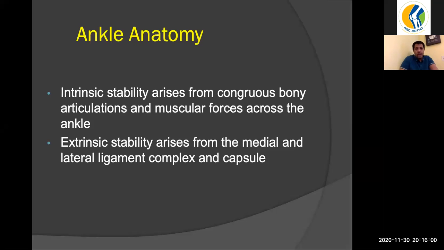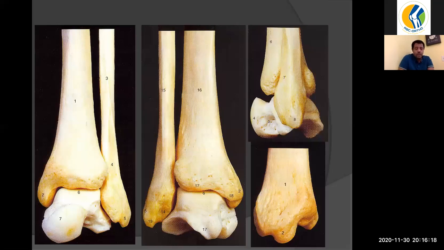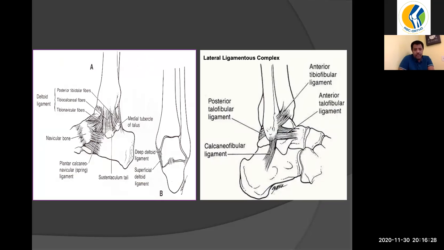Ankle anatomy is usually bony and ligamentous. We need to know about the bone itself, and the ligaments and muscles around the bone, which help to maintain the bone and structures in place. All of us know that the ankle joint is formed by the tibia, fibula, and talus. We have medial and lateral ligaments of the joint, which are divided into superficial and deep.